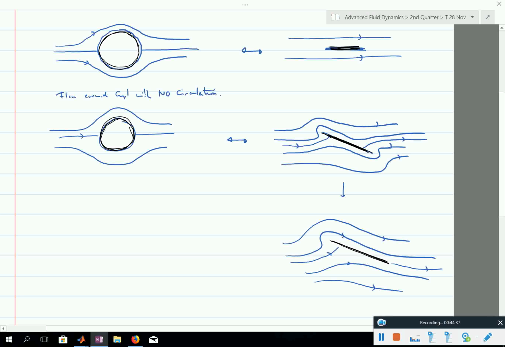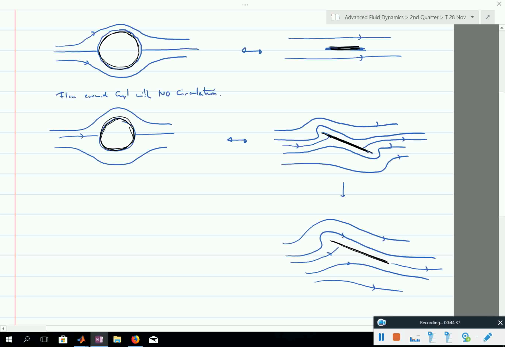Okay, so that here is actually equivalent to fixing this location here. When you impose the Kutta condition, you're essentially fixing the location of the stagnation point around your cylinder.